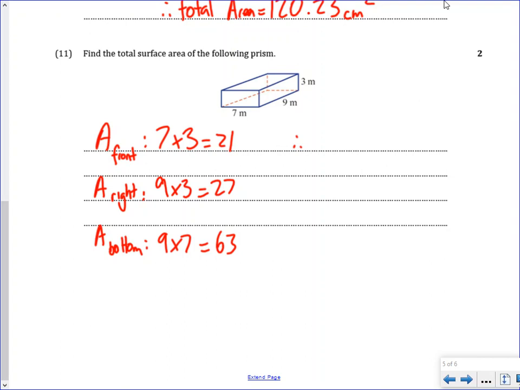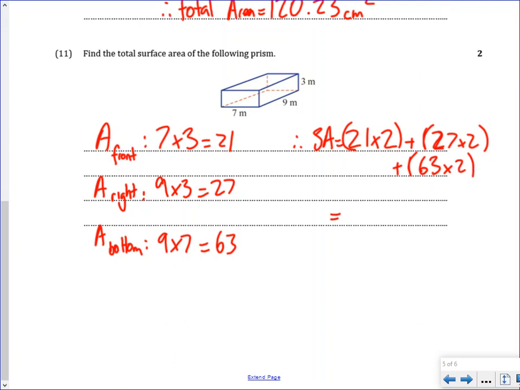So therefore the surface area is going to be 21 times 2 plus 27 times 2 plus 63 times 2. Which equals 222 meters squared.